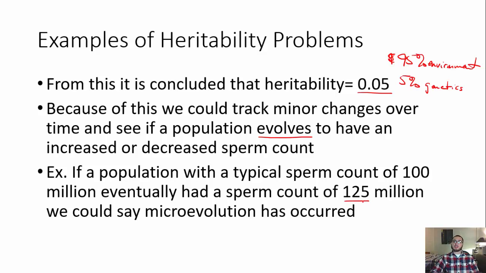And this is only when it's heritable. Remember in our scenario we're saying it's 5% heritable. If they're becoming 125 million, you could say maybe it's fresher water, which isn't going to be the case. We're really looking at the genetics. Then we could say that microevolution has occurred.